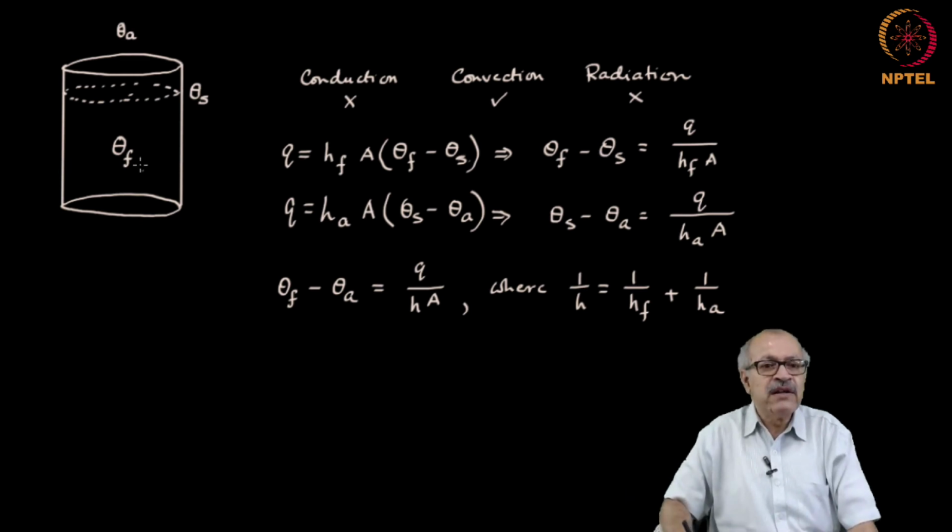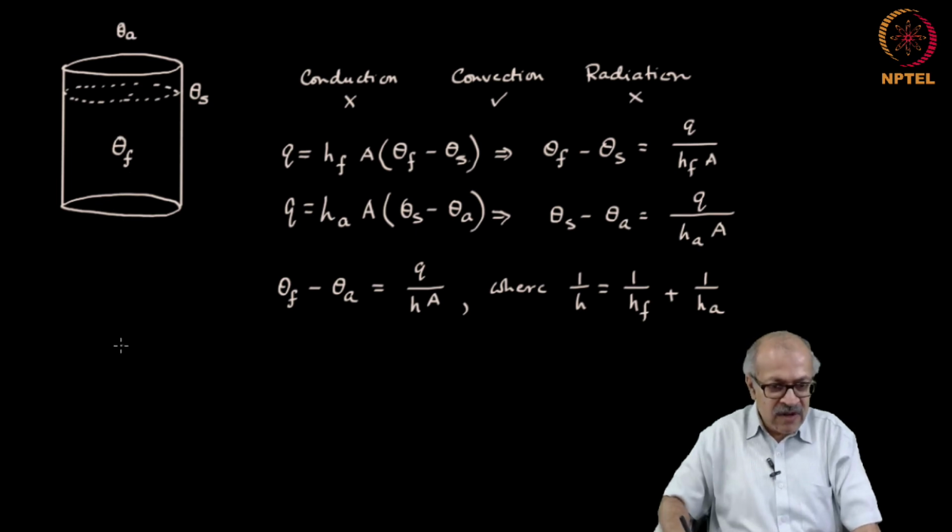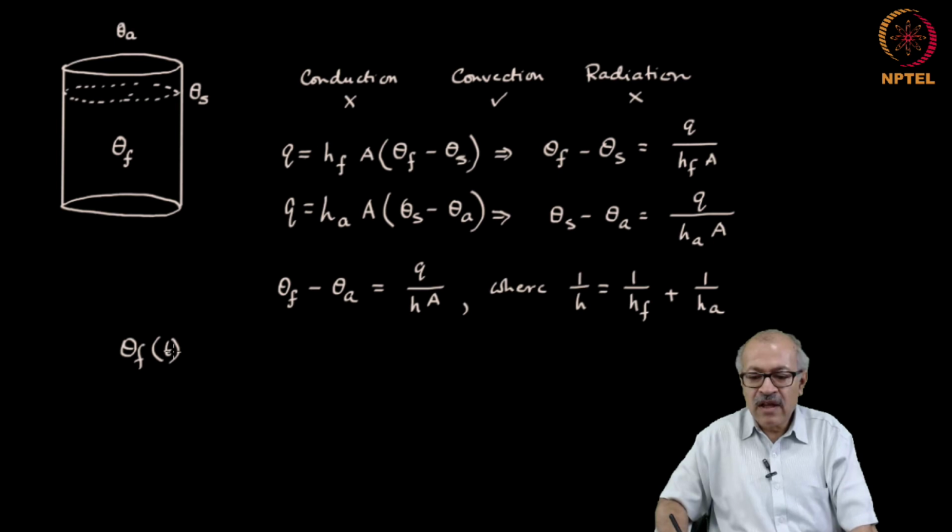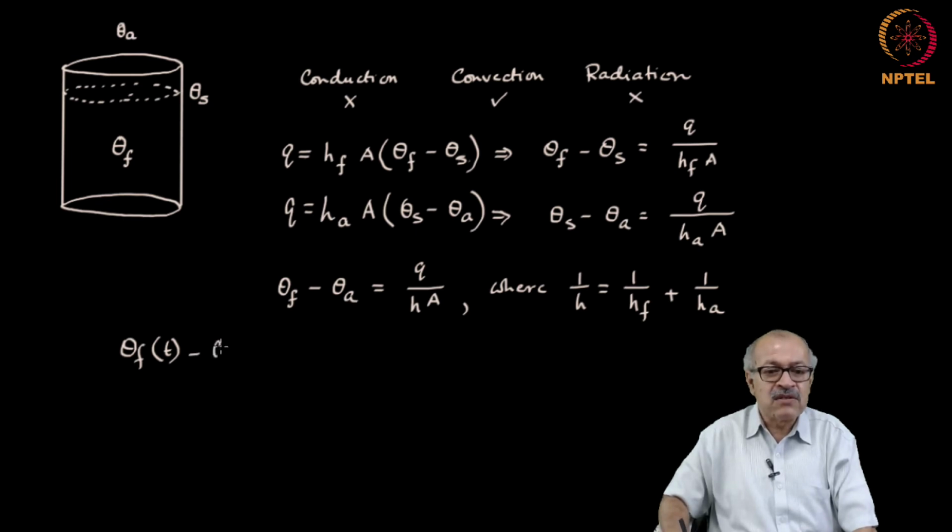Therefore, whatever we have written as theta f is not really a constant, it is a function of time. So, we have to write theta f as a function of time, but theta a, the air temperature, for that period of time we will assume that it is a constant.